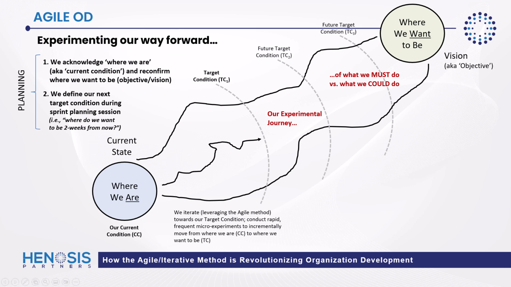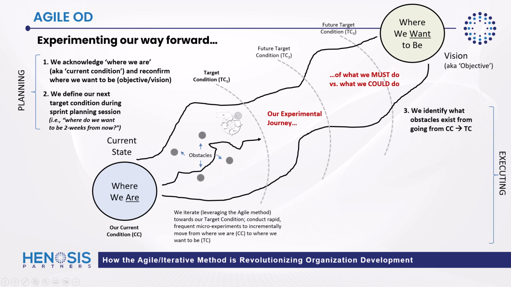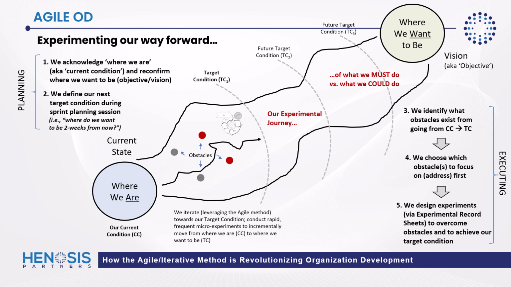Upon defining our next target condition, we then identify what obstacles exist from going from our current condition to our next target condition. Upon identifying these, we then choose which obstacles to focus on first. And finally, we design our experiments to overcome such obstacles to achieve our target condition.